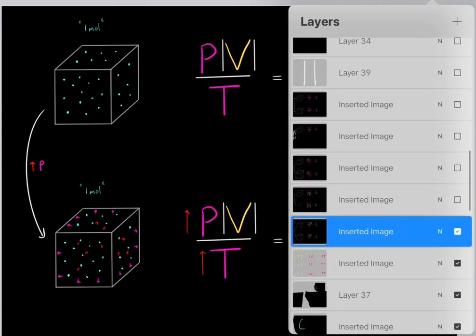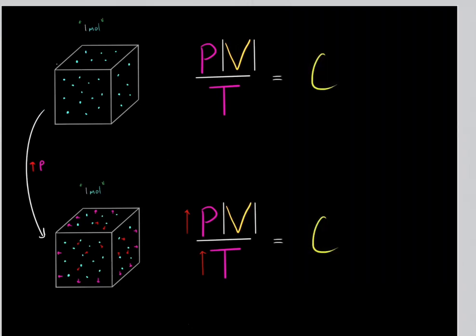So let's say we kept the volume constant. Let's say the system was rigid, in a rigid container where the volume is constant. And let's say we had a pipe and we pumped in air and increased the pressure. What's going to happen? Well, if we increase the pressure, the temperature must increase, because that's the only way to make this ratio constant.